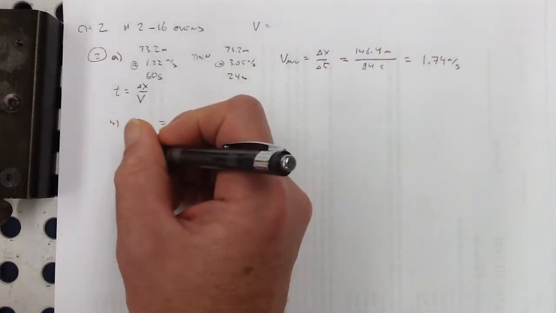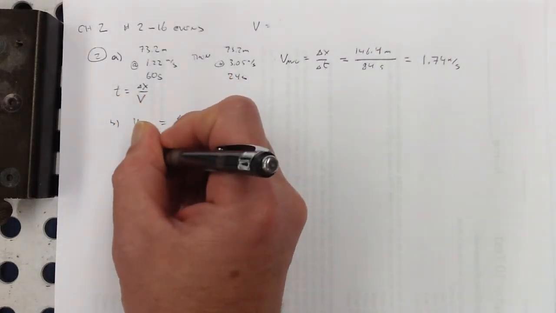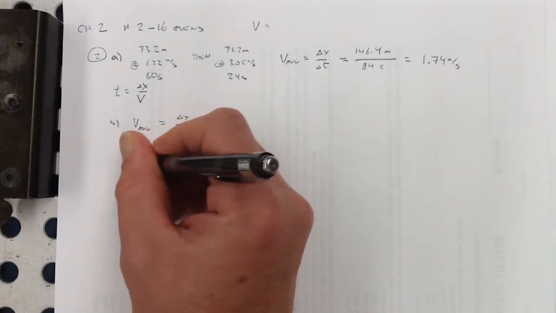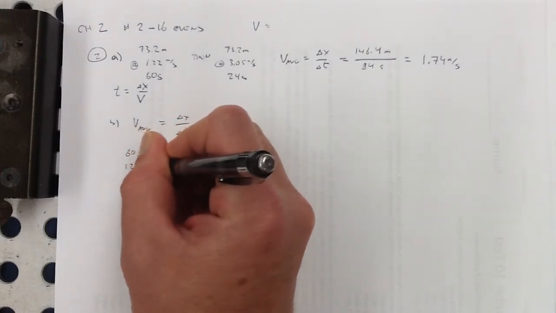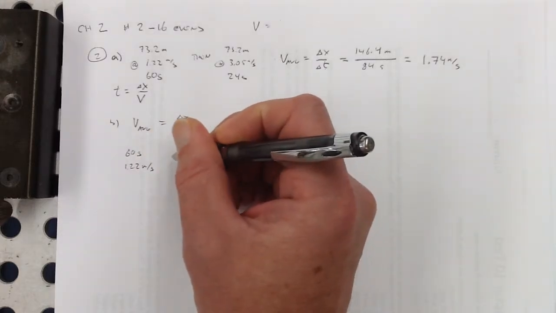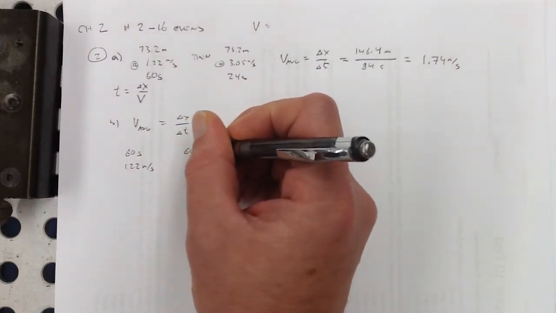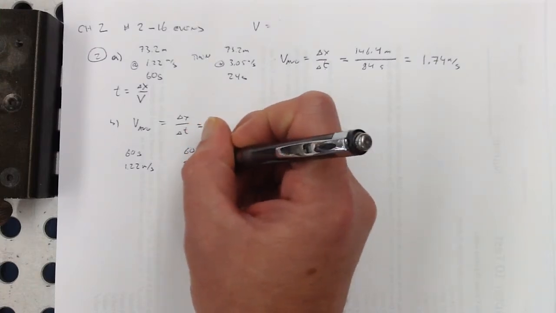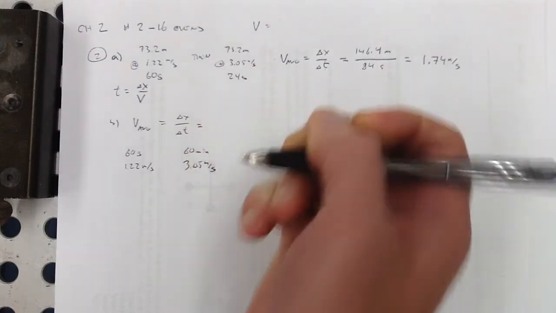So we have 60 seconds, and for the first leg we're going to do the 1.22 meters per second, and then another minute doing the 3.05 meters per second.